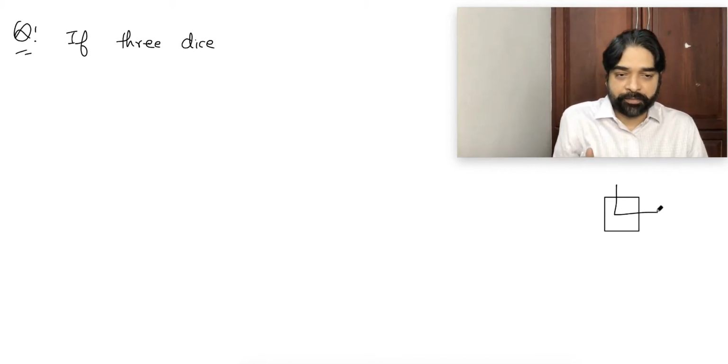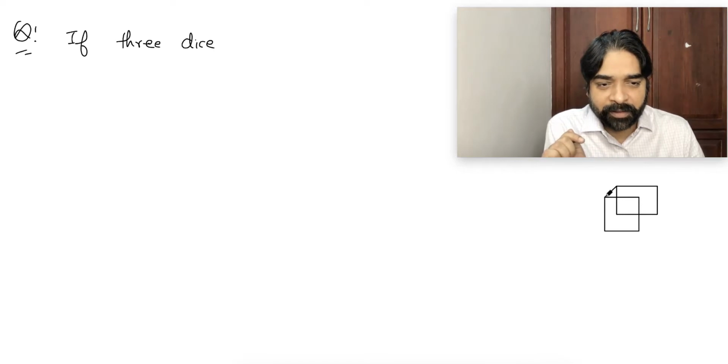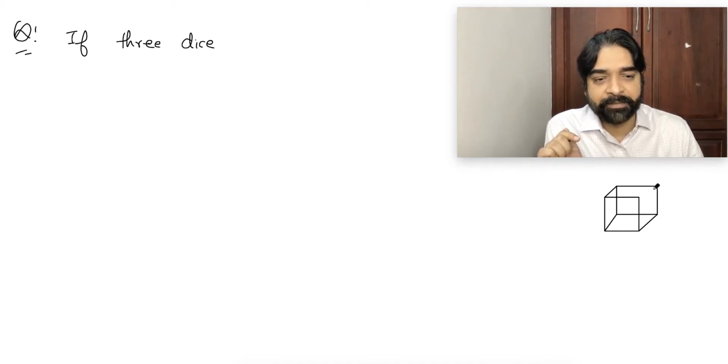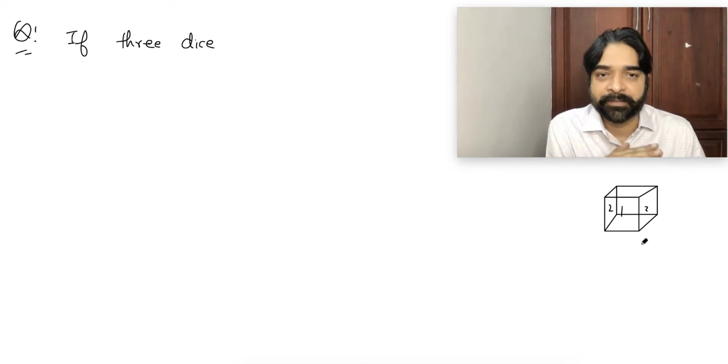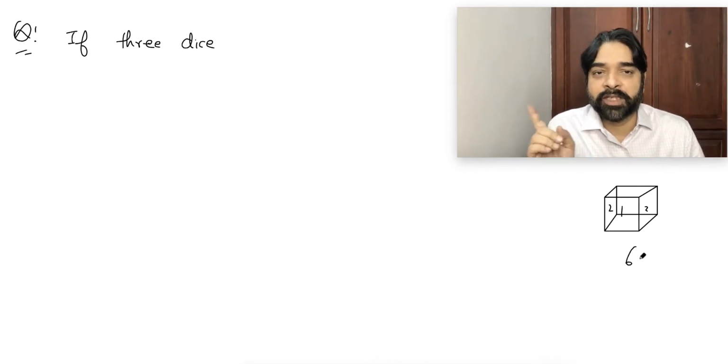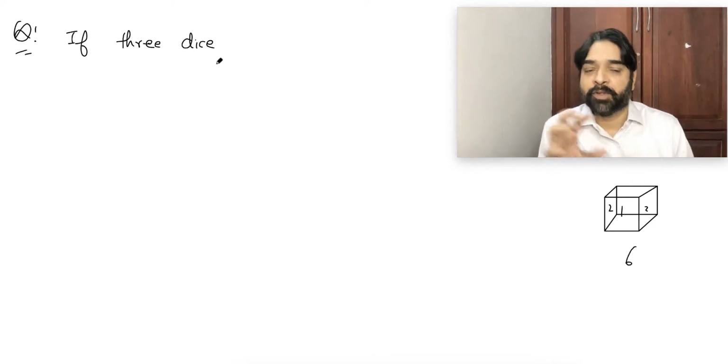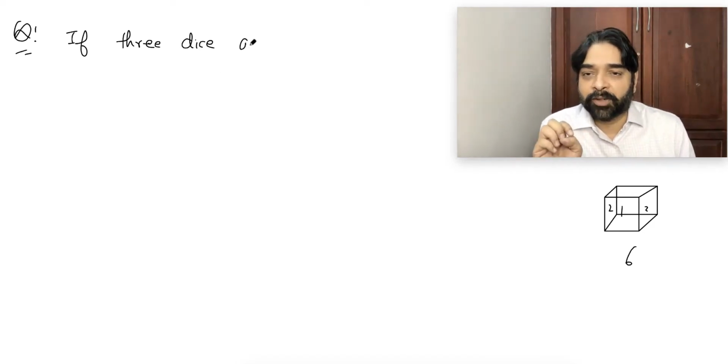I hope all of you know dice. One cube used to be there where the numbering will be there everywhere: 1, 2, 3, 4. How many faces are there? 6. So 6 numbers, 1, 2, 3, 4, 5, 6. Same thing. 3 dice are thrown together.